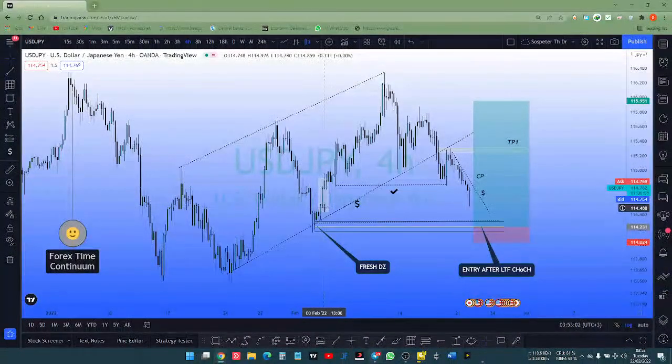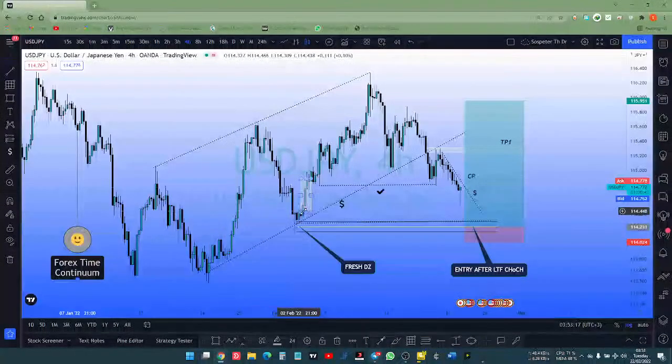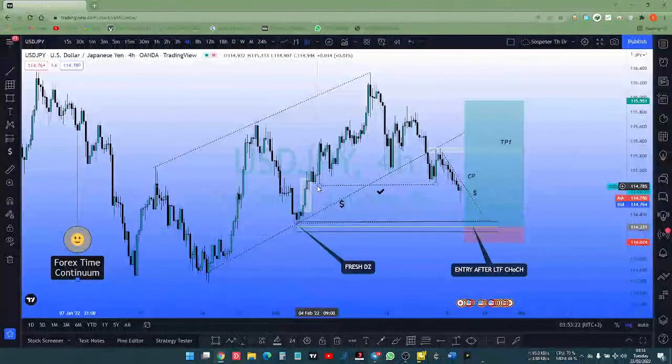So that's a valid demand zone. And it has taken out an opposing supply zone. Those are things you have to know. I'll drop a video on how to validate. Your demand has to take out an opposing supply to be valid also.